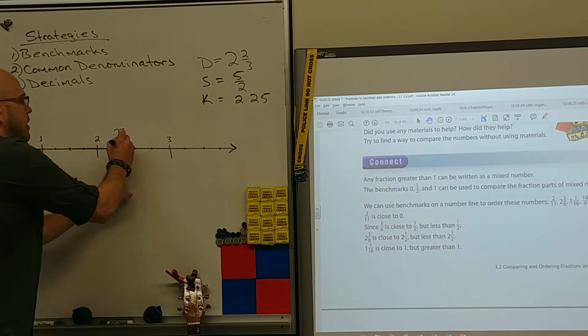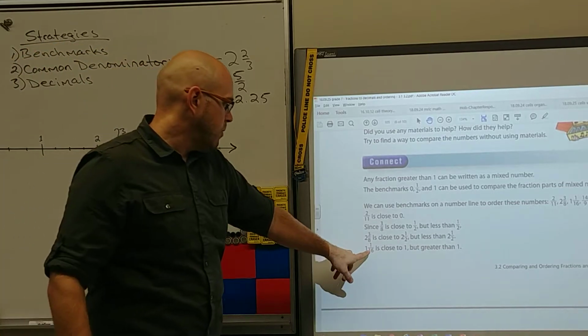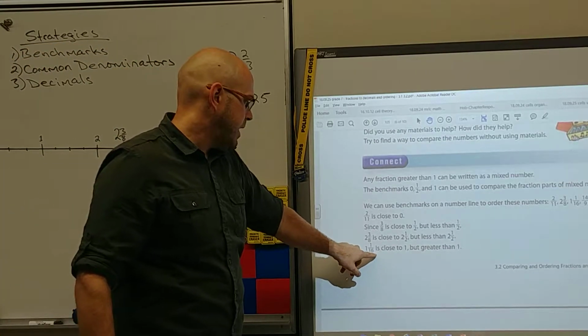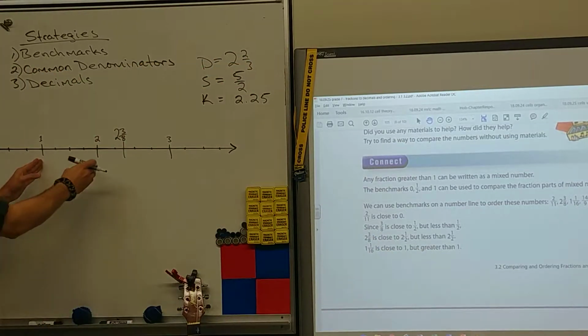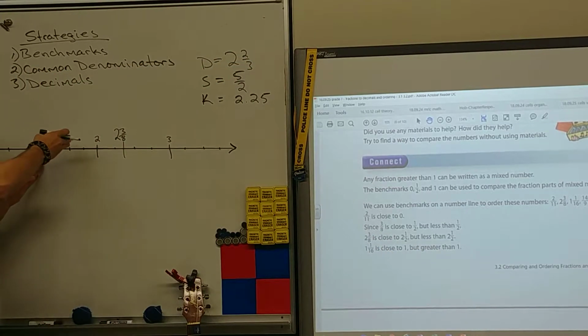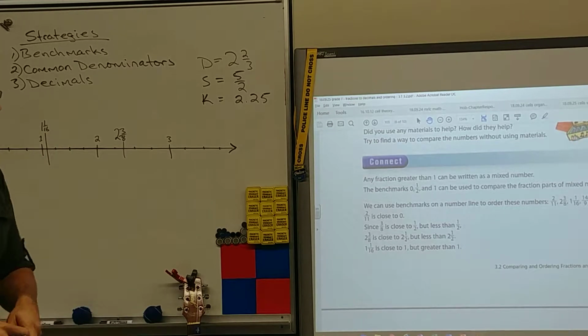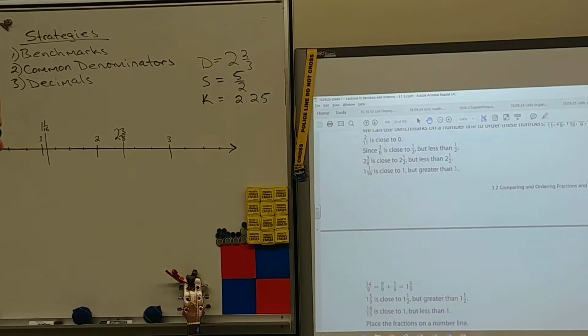There's 2 and 3/8. 1 and 1/16 is close to 1, but greater. Well, sure. If 1 is split into 16 parts, then 1 and just 1/16 would be just a little more, for sure. So this person is reasoning it out one step at a time.